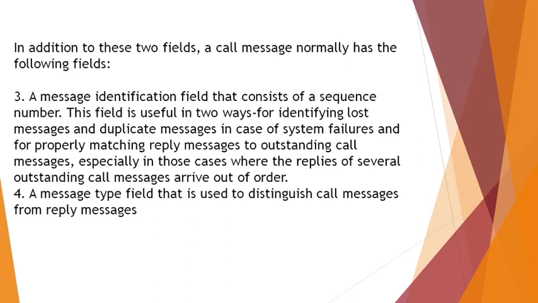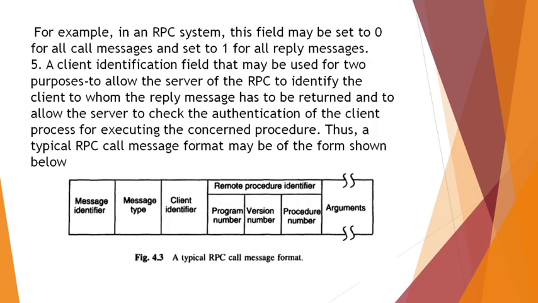When will a duplicate message happen? If there is any system failure and properly matching reply messages are not there, in such cases duplicate messages will be forwarded. To identify what type of message it is, another field is the message identifier.